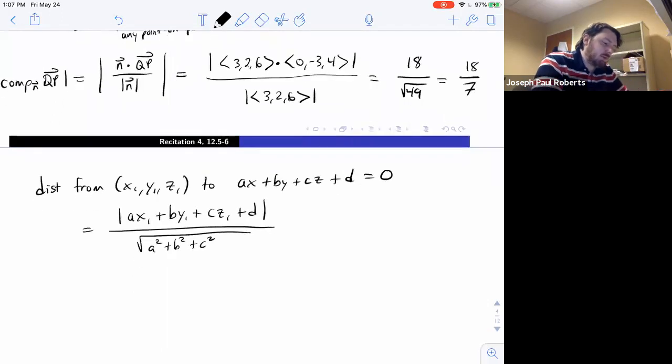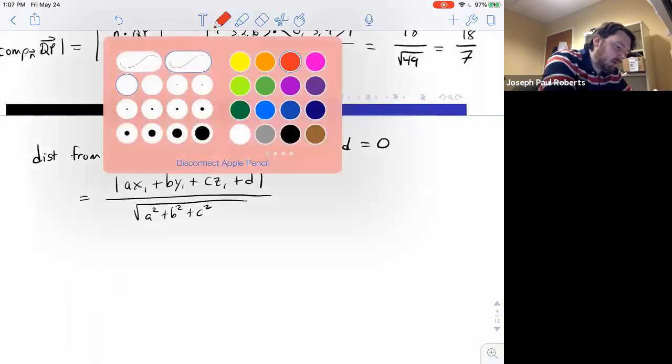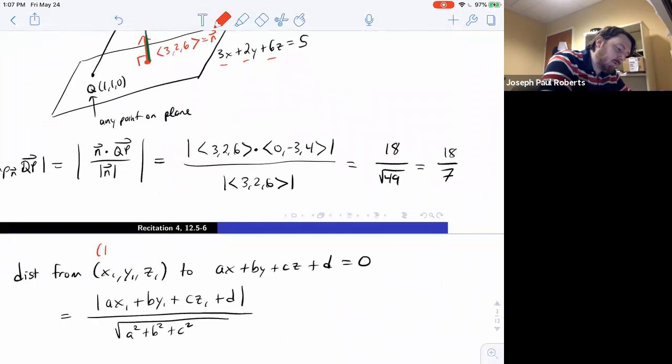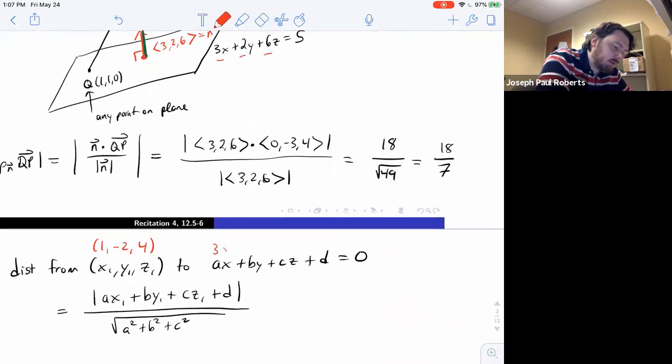And so yeah, if you want to do that, then I guess it would be the distance from, or whatever, I could just write it like this. In red, our point was what? (1, -2, 4). And then our plane is going to be 3x plus 2y plus 6z.